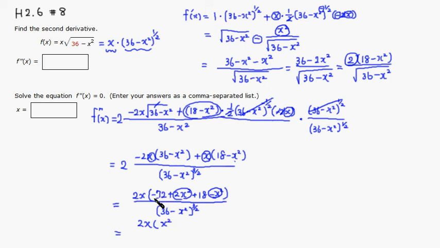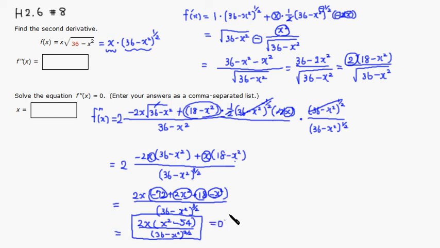And then you have negative 72 plus 18, so that's going to be minus 54, all over quantity 36 minus x squared raised to the 3/2 power. All right, so this is the second derivative we're looking for.